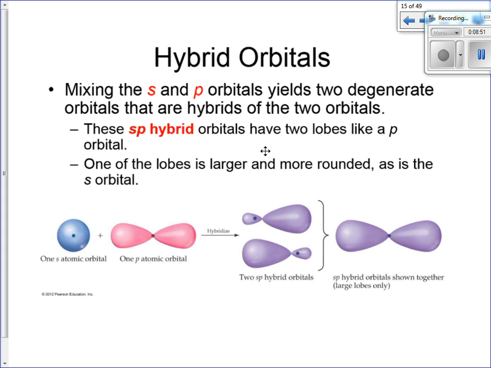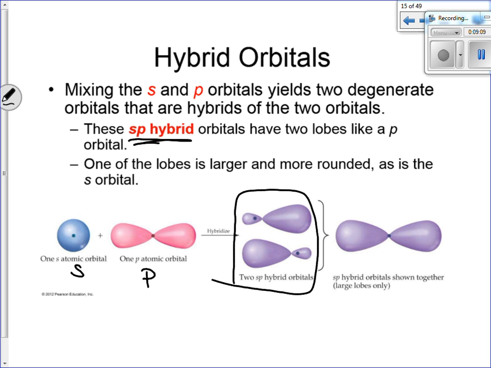Mixing the s and p yields two degenerate orbitals that are hybrids of the two. So when you have one s and one p mixing together, you're going to get an sp hybrid. Basically, here's your s, here's your p, and they form two of these that are mixed together of the s and p.